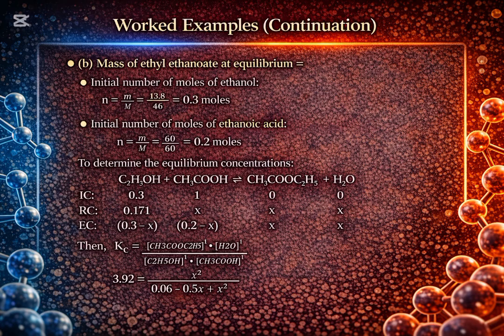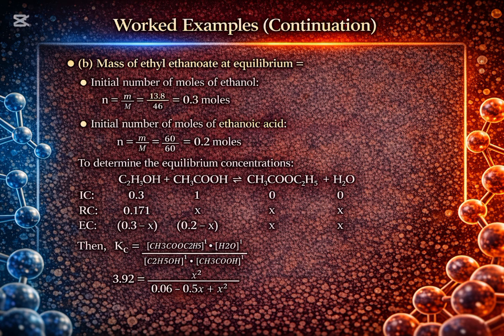Then we go back to our formula again. Kc is equal to the product raised to the power of their coefficient over the reactant raised to the power of their coefficient. You substitute all the values you got under equilibrium concentration. That of ethyl ethanoate is X raised to power 1, multiplied by that of water, X raised to power 1, all over that of ethanol, 0.3 minus X raised to power 1, multiplied by 0.2 minus X raised to power 1.